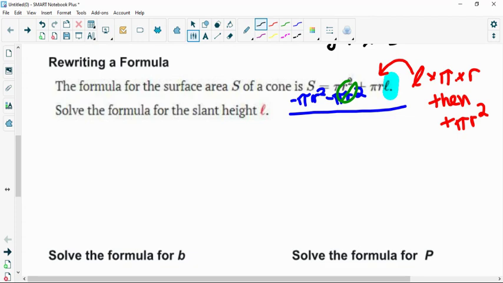On the right, all that's remaining is my pi times r times L. But on the left, I have two pieces that are not like terms. I have my S, and I'm subtracting from it pi r squared, which leaves me with this new equation.